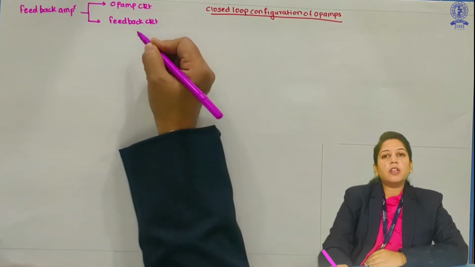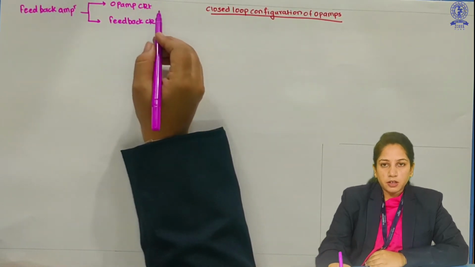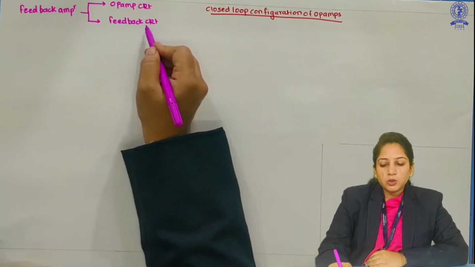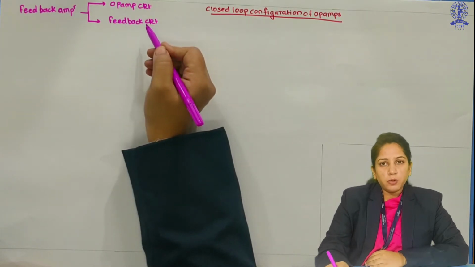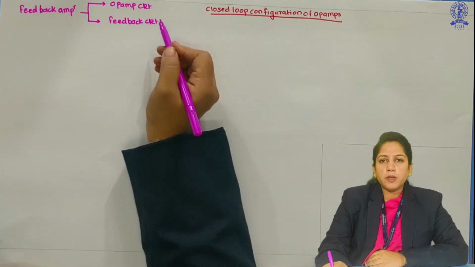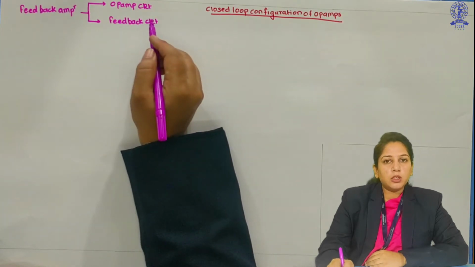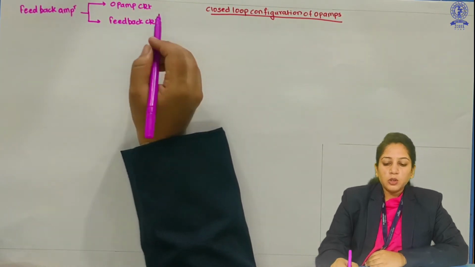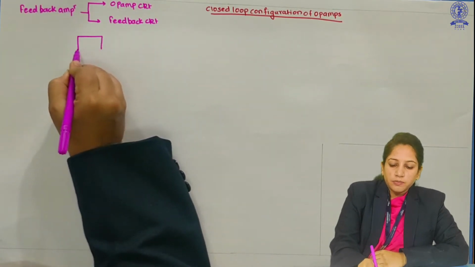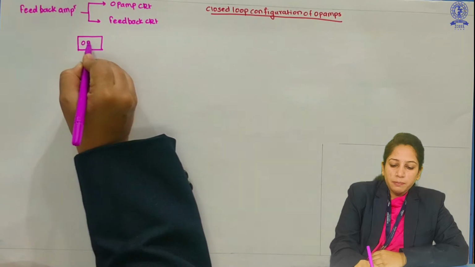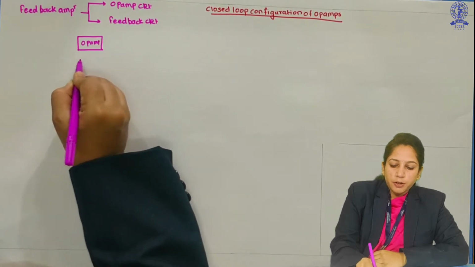We are very well acquainted with the operational amplifier circuit, but what about the feedback circuit? The feedback circuit may contain different types of components like active components, passive components, or a combination of both. It depends upon the application. Now in a rough sketch, this is an op amp and this is a feedback circuit.